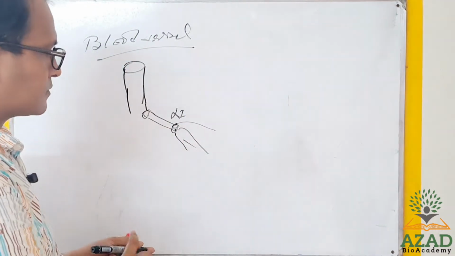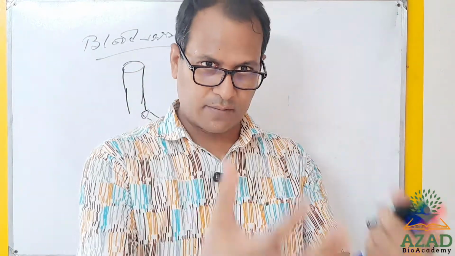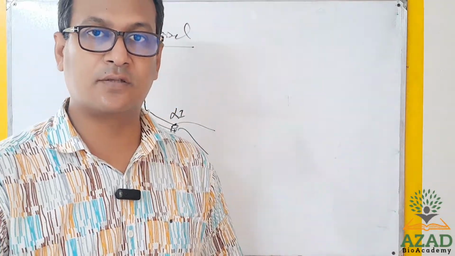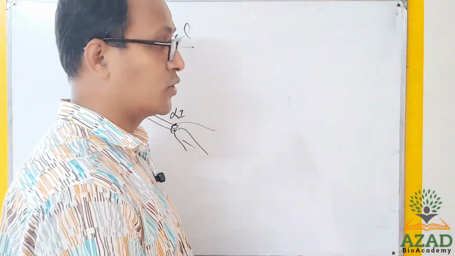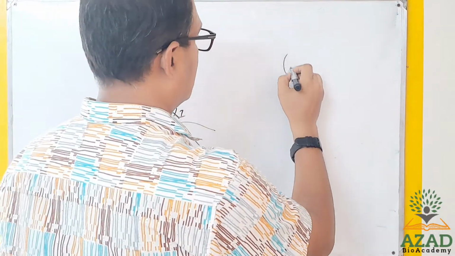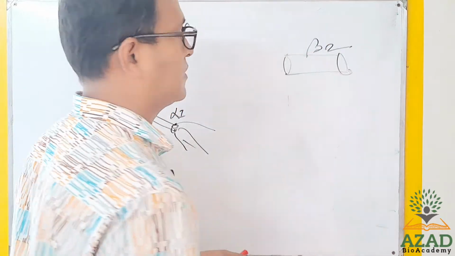alpha 1, okay, in blood vessel throughout the body. But exception, because during emergency situation, blood flow is to be more in your lungs as well as skeletal muscle. So in lungs and skeletal muscle, blood vessels carry beta 2 receptor.